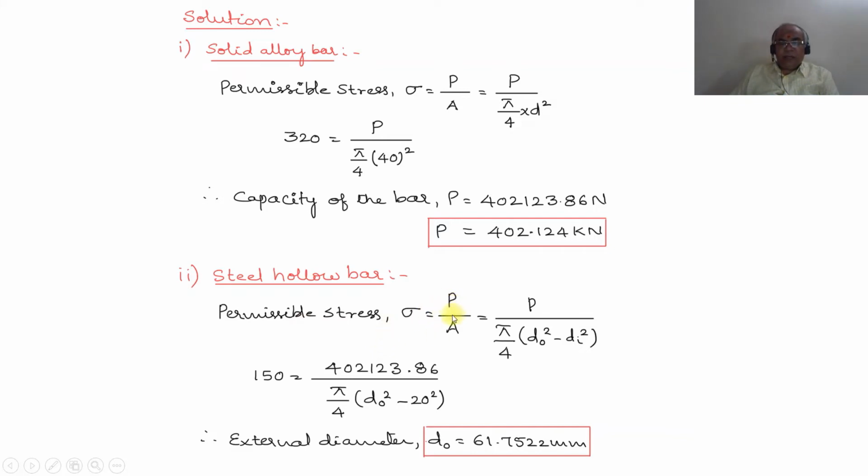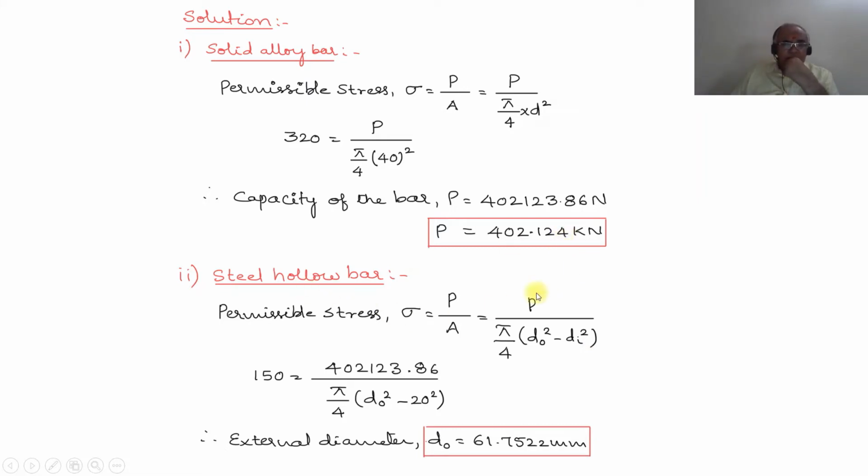Suppose you have a steel hollow bar. What is the permissible stress? Sigma is equal to P by A, that is equal to capital P by pi by 4 into d naught square minus di square. So 150 equals, what is P? 402,123.86 divided by the area of cross section of the hollow bar.